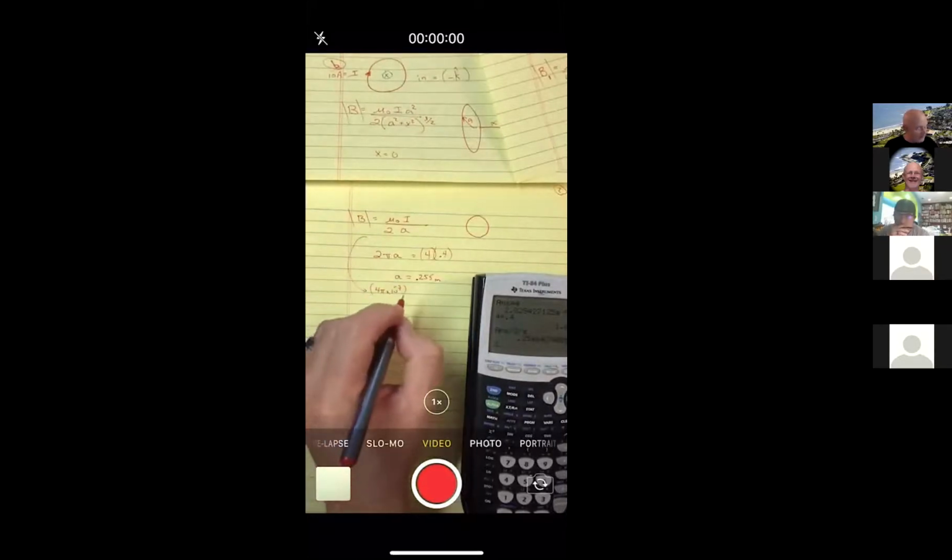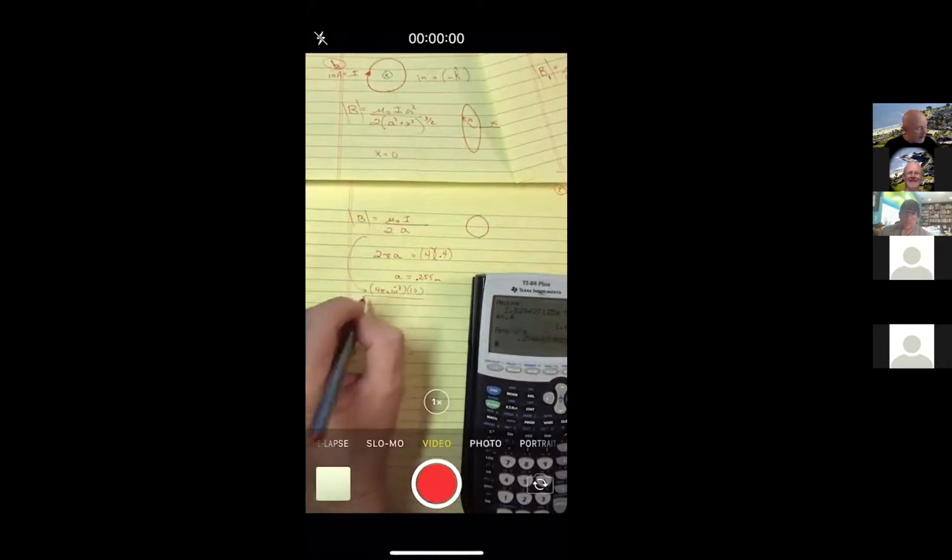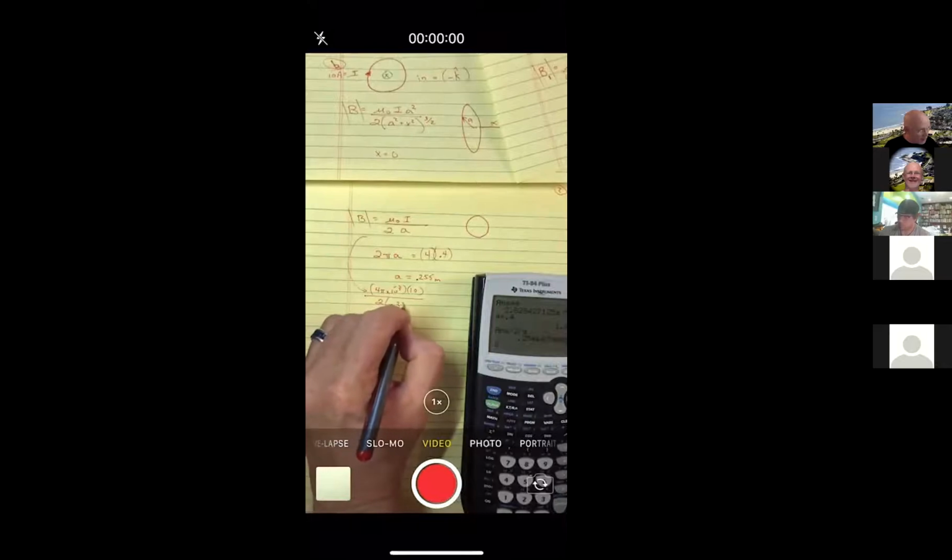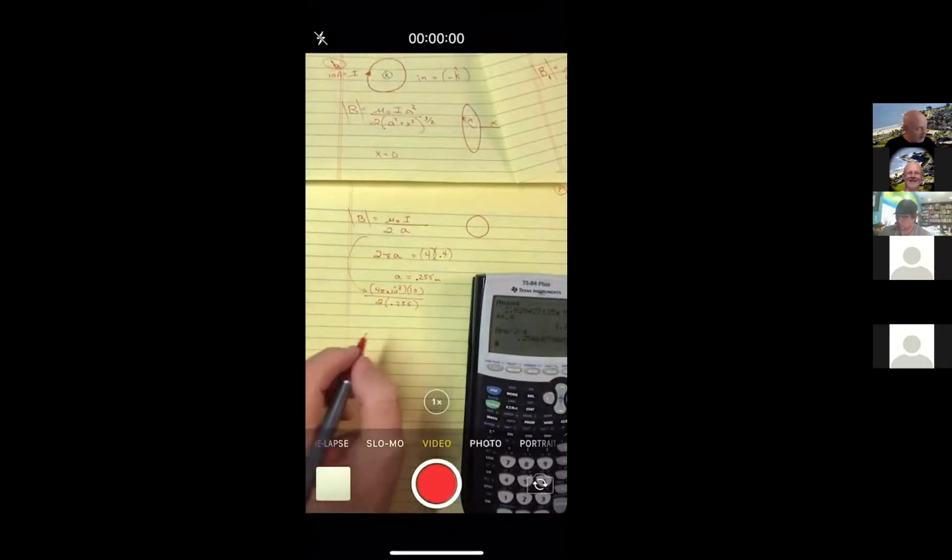And so now if I put that in here, this would be 4 pi times 10 to the negative 7. This would be a current of 10 amps. This would be a 2, and this would be the radius.